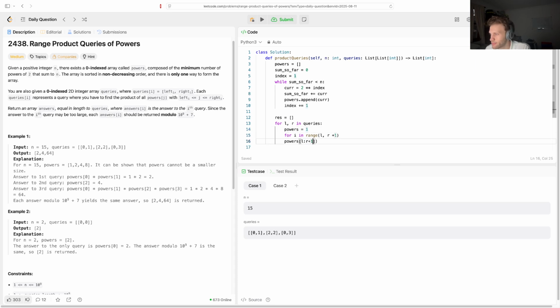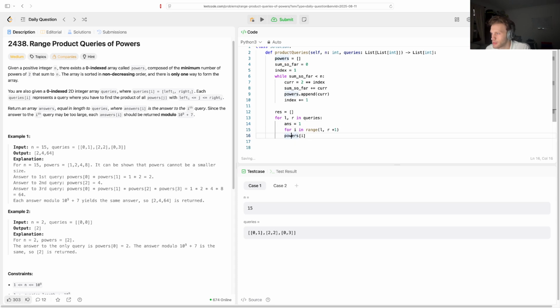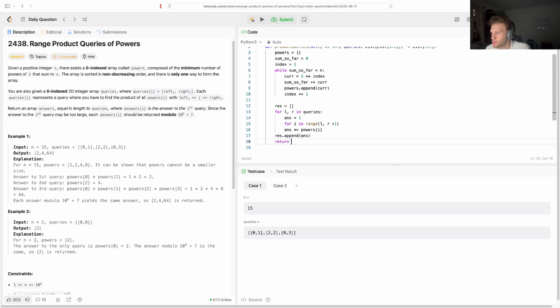Powers, and then this will be powers of I. Whoops.